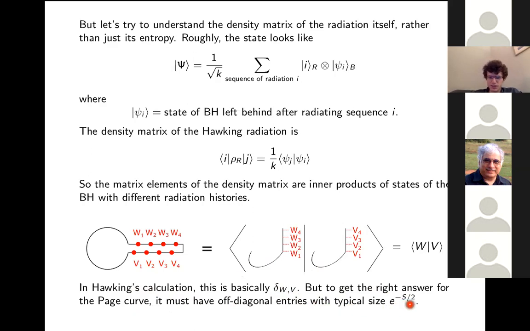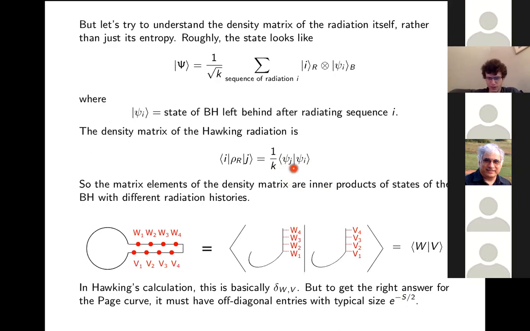This is related to the comment that Hawking's calculation can give a simple answer for the density matrix. That would be like a multiple of the identity matrix, basically. But in order to get a density matrix that satisfies Page's curve, it has to be a complicated matrix with piles of off-diagonal entries that are very small, a huge number of tiny off-diagonal entries.